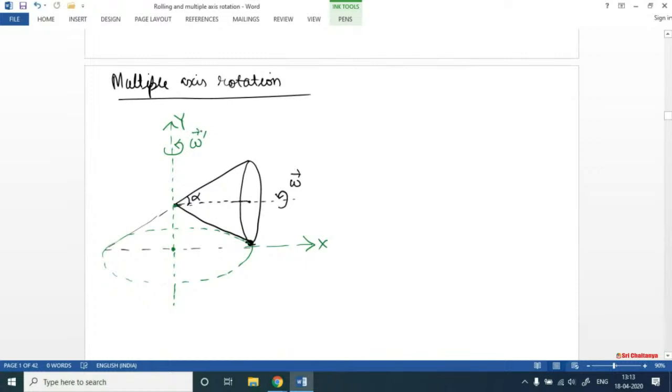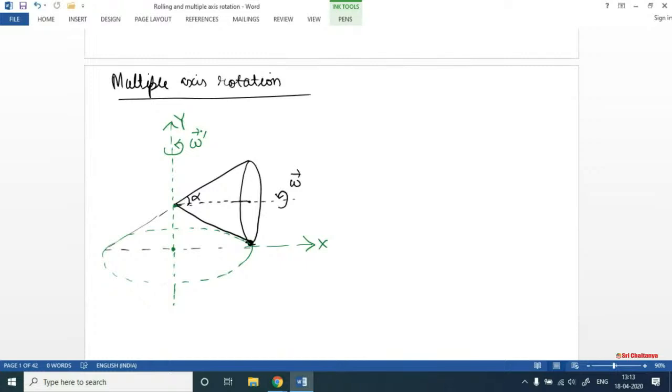So I hope you understand this situation. So this is a case of rotation about multiple axes. This cone is rotating along x, or along the radial direction, as well as along the y-axis. It is rotating at the same time.